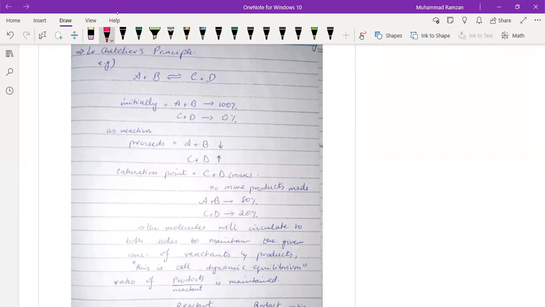A plus B is 100%, C plus D is 0%. A plus B is decreasing, C plus D increasing. Like 80-20, reactants left over 80, products formed 20. So the ratio of product and reactants is maintained, as we have discussed right now.